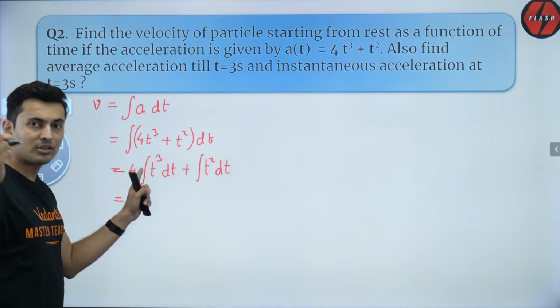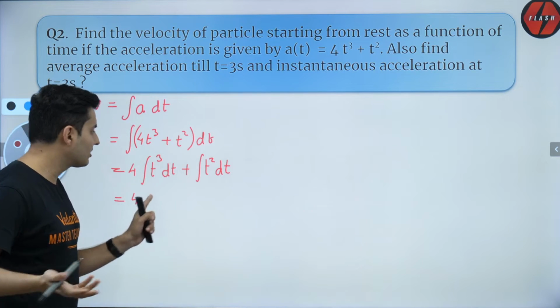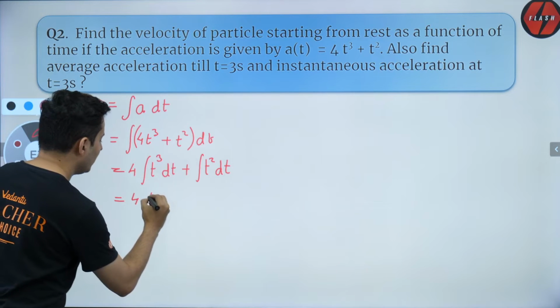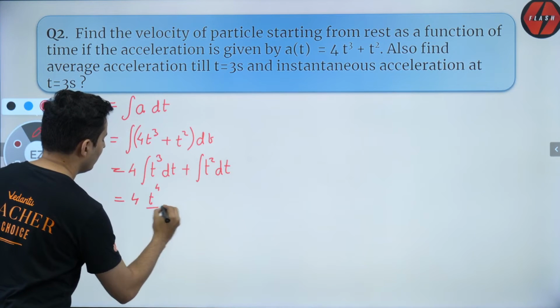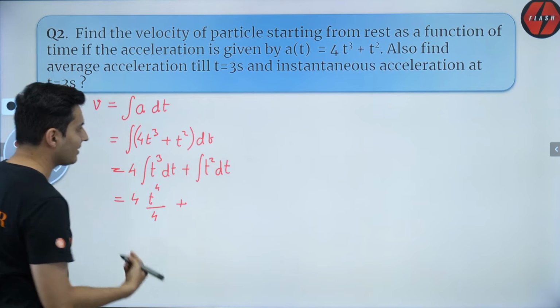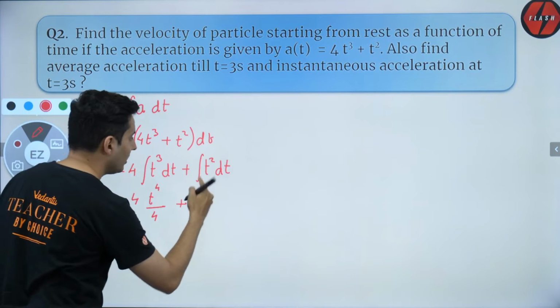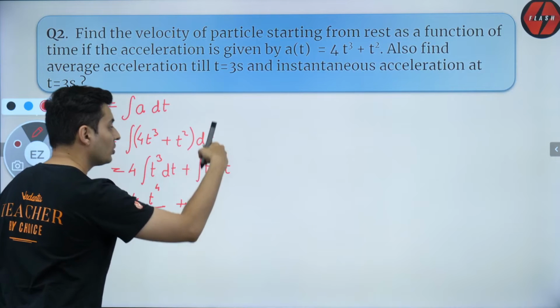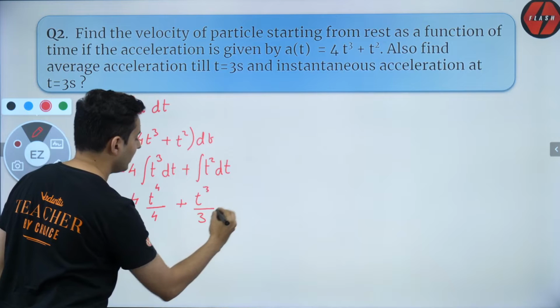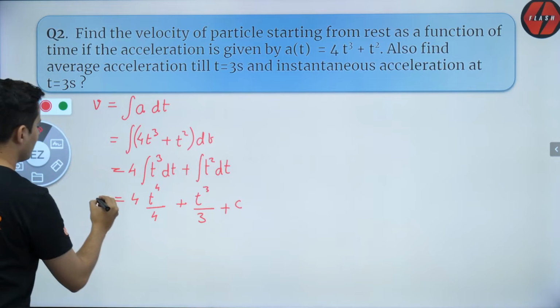Use the formula: integration of x raised to n is x raised to n plus 1 upon n plus 1. So it will become t raised to 3 plus 1 divided by 3 plus 1, which is 4, plus t square's integration, guys, is nothing but t raised to 2 plus 1, which is t cube, divided by 2 plus 1, which is again 3, and obviously the constant of integration out here.